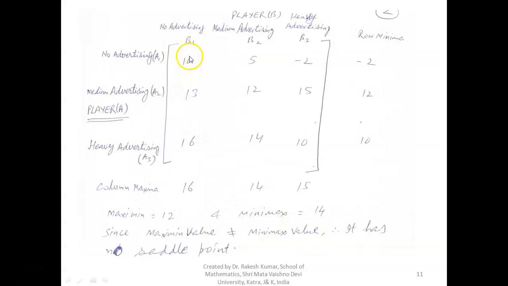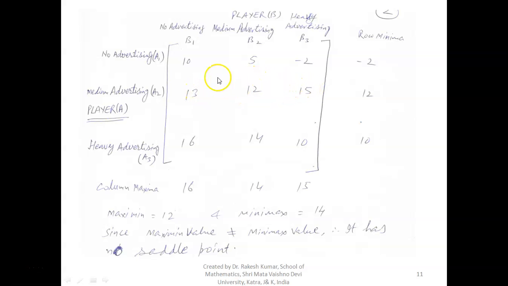We can see from here that the first row elements 10, 5, minus 2 are all less than the second row elements 13, 12, and 15. So strategy A1 is inferior to strategy A2 because it is always producing less output than strategy A2.